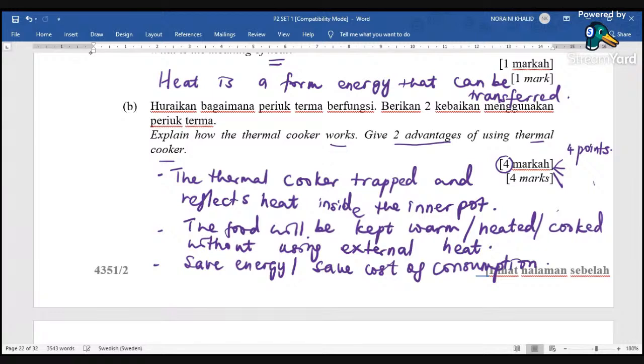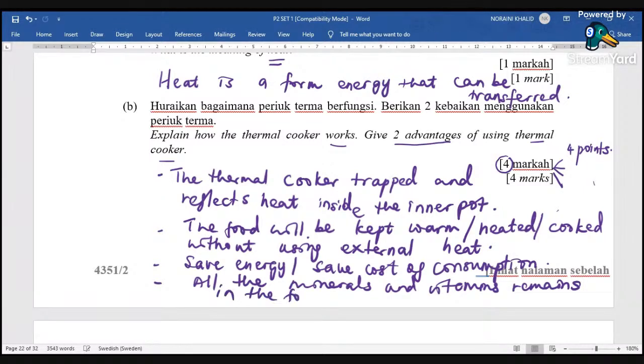And then we can write something like all the minerals and vitamins will be kept in the food. Okay, it means all the nutrients will remain in the food.